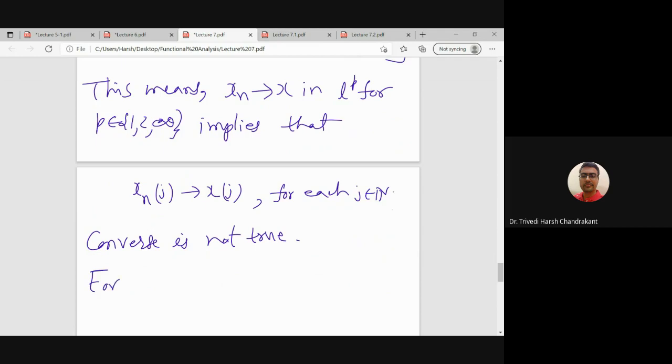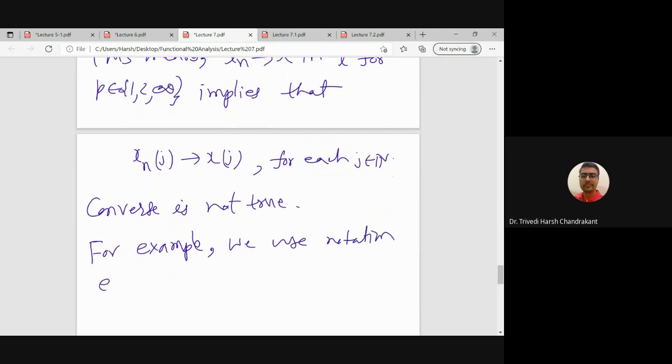So for example, we use the notation en, where each xn is basically a function defined on natural numbers. So it is a sequence. So that means en is the sequence 0, 0, 0, 0, 1, 0, 0, and so on. This 1 will come at the nth place.